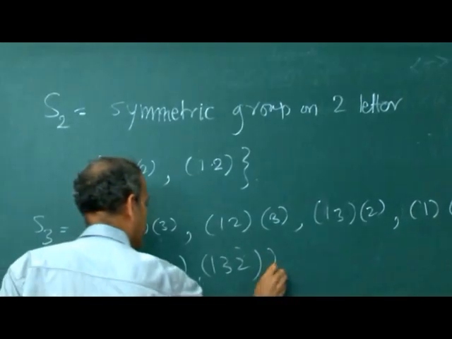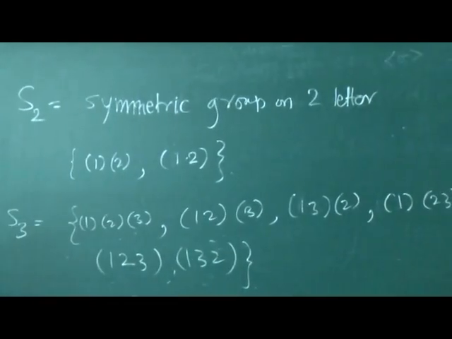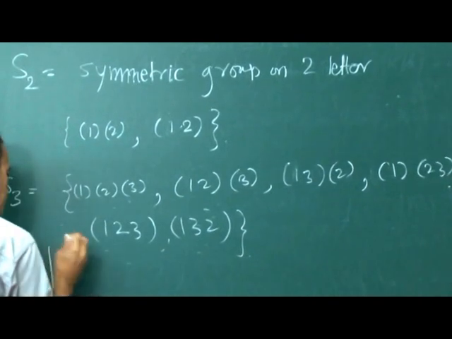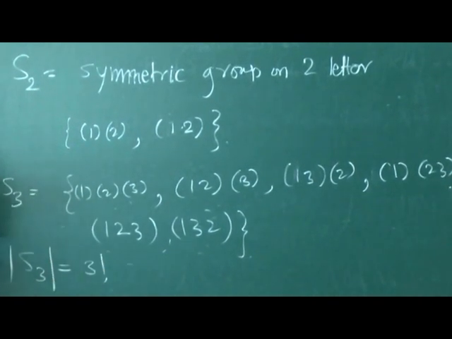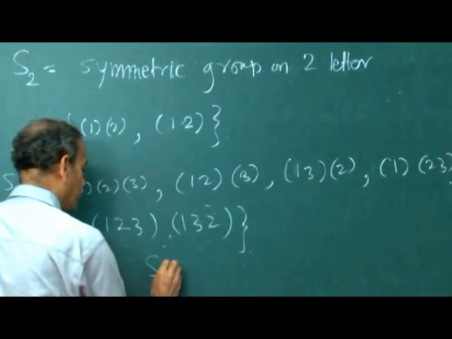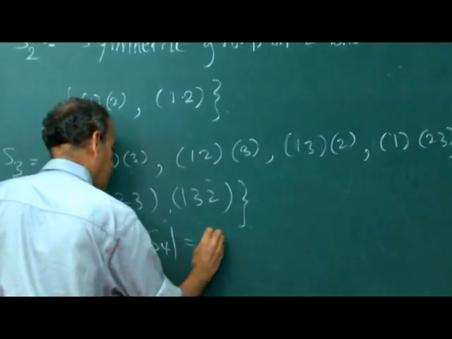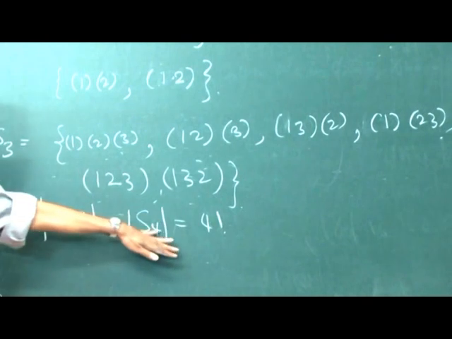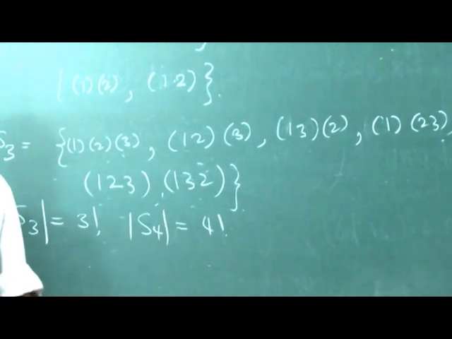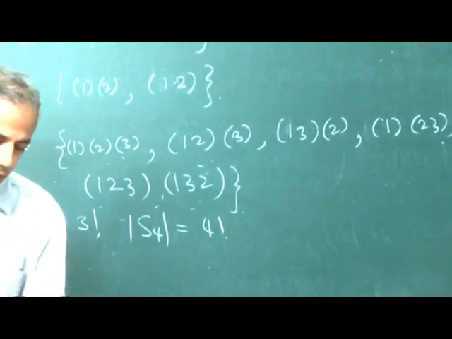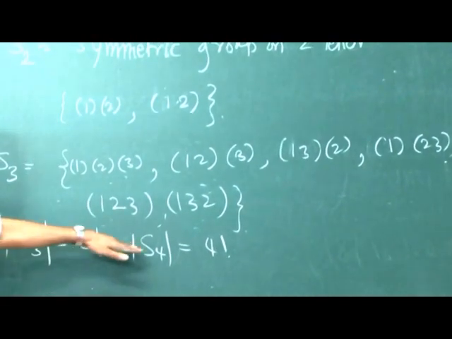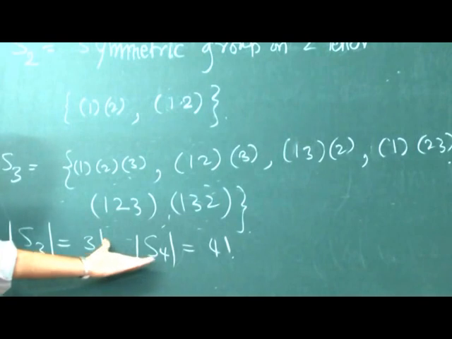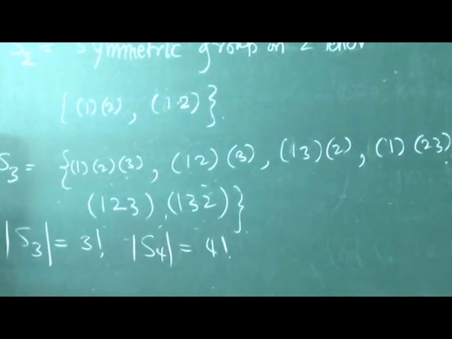So there are 6 such permutations because factorial 3. The number of elements of S3 is factorial 3. Similarly, the number of elements of S4 is factorial 4. You can write down all the permutations of letters 1, 2, 3, 4.